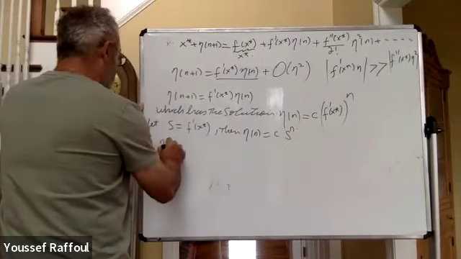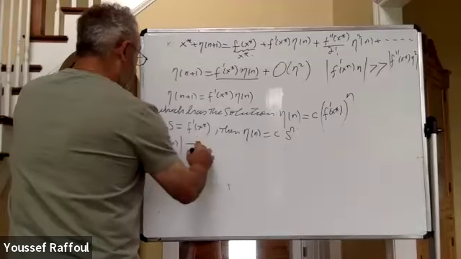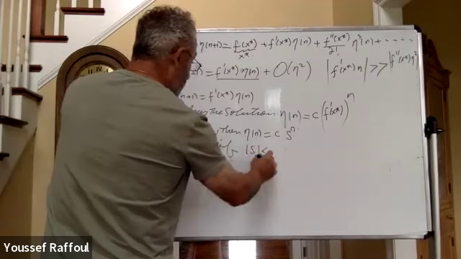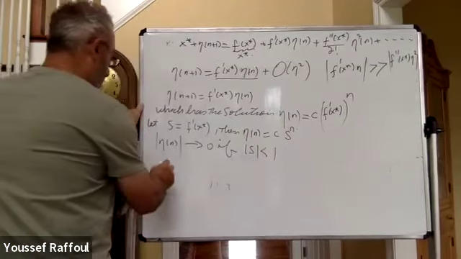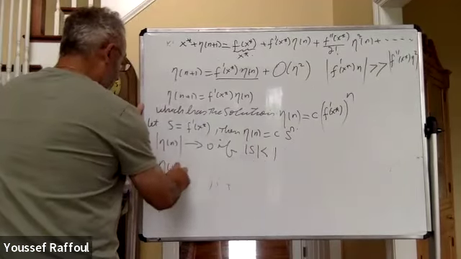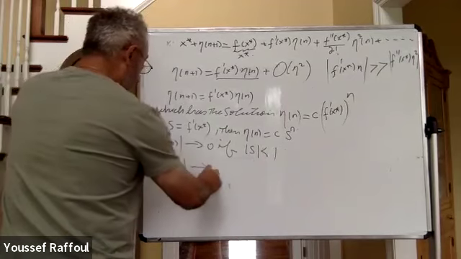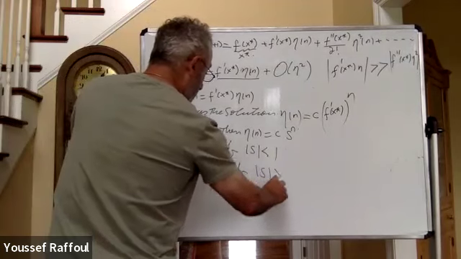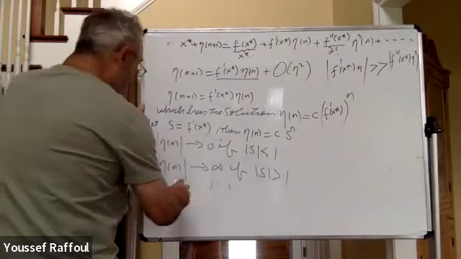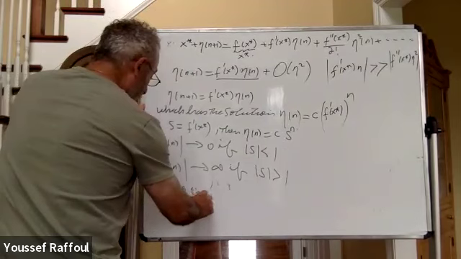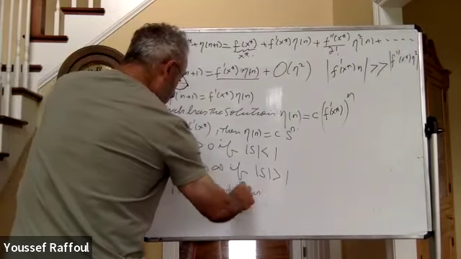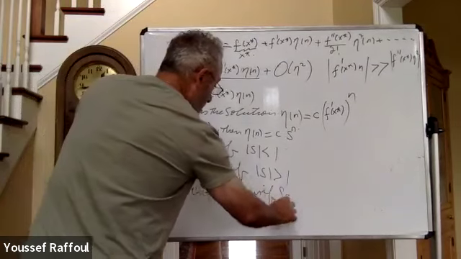We will see that eta of n goes to 0 if s is less than 1, and eta of n goes to infinity if s bigger than 1, and no information if s equal 1.